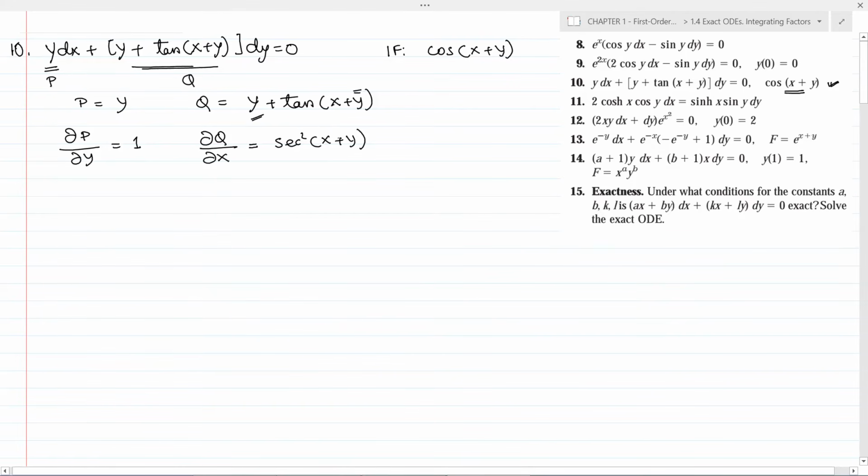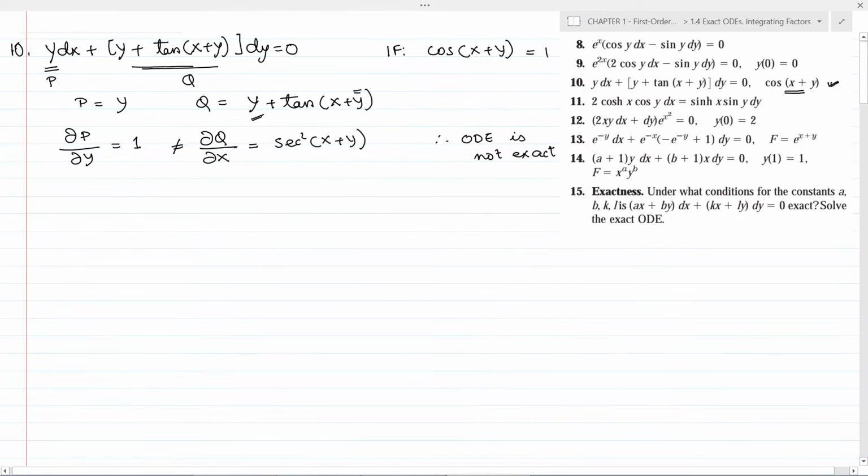This we have found out by using chain rule. Now we can see that del p by del y is not equal to del q by del x. That means the ODE that has been given in the question is not exact. We have already expected this result because in the question the integrating factor has already been given.